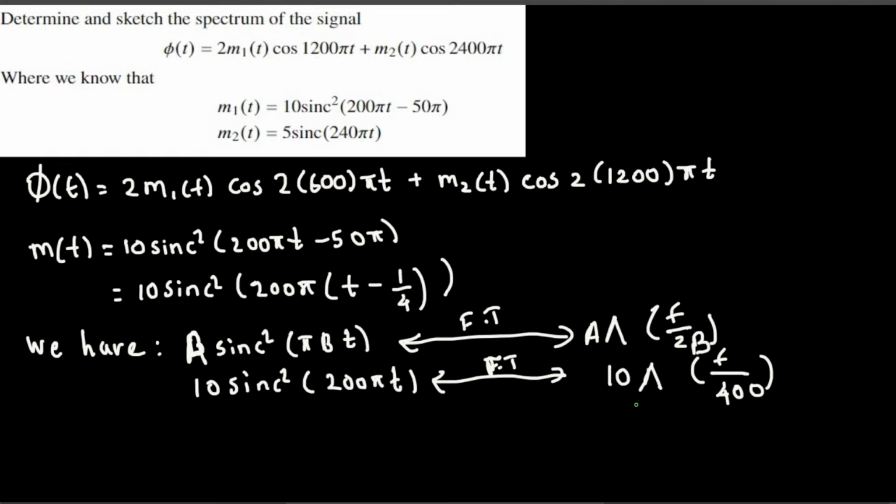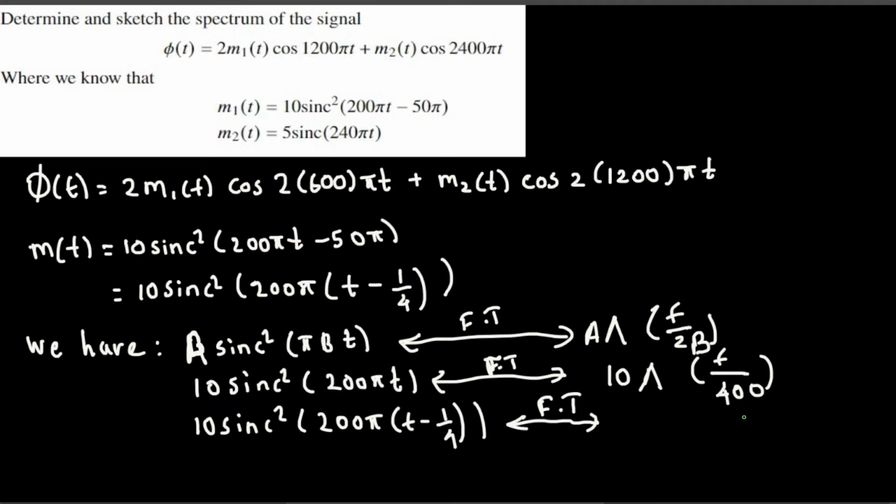Okay, this is going to be the Fourier transform, and then there's a shift. When we do the shift, we have the shift of 1 over 4. So whenever we have a shift like this, the Fourier transform becomes e to the power minus j 2 pi f times the shift, based on whatever the shift is.